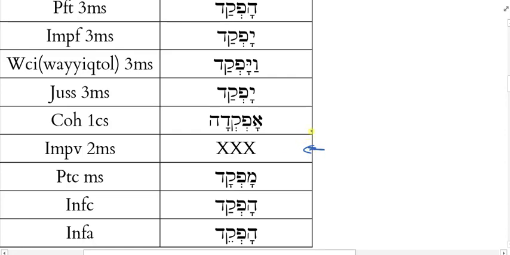The Hiphil is someone causes someone to do it, and the Hophal makes it passive. So how can you command someone to have someone else cause them to do something, right? That doesn't really make sense. So that's why you won't see an imperative form of the Hophal, which is nice because then there's one less form for you to memorize, right? So thank you. You're welcome.